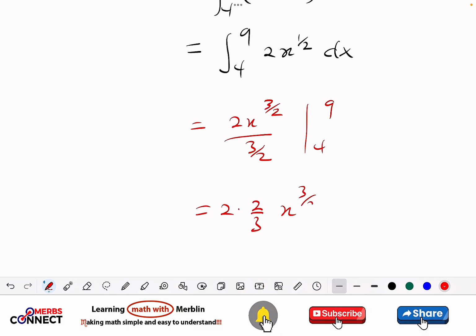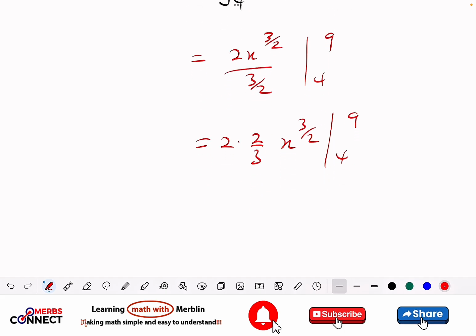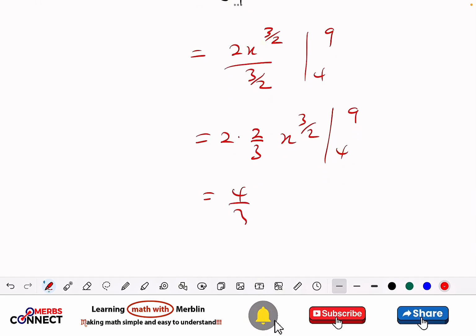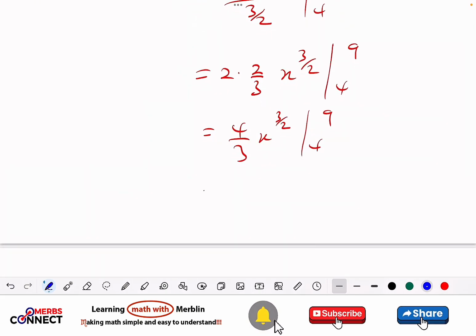This is going to give us 4 over 3 x to the power 3 on 2, from 4 to 9. Plug in 4 and 9. This is 4 over 3 times, plug in 9, 3 on 2, minus plug in 4, 3 on 2.